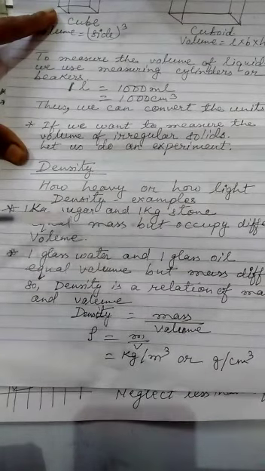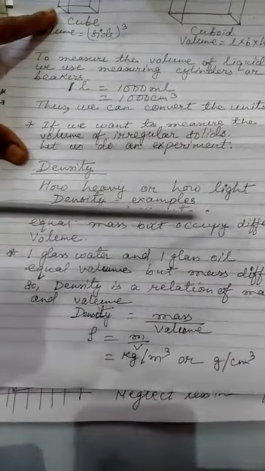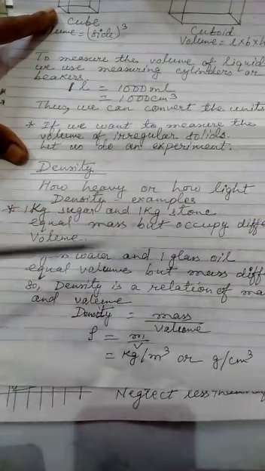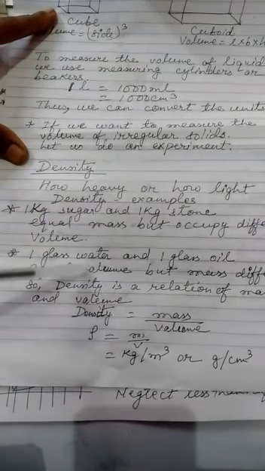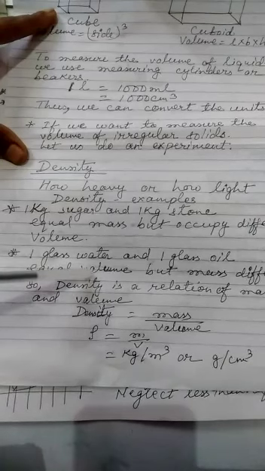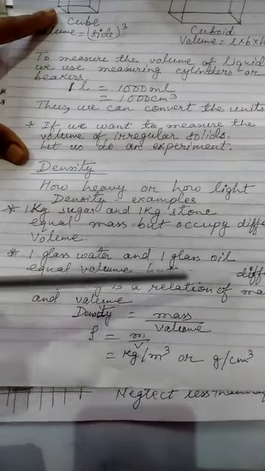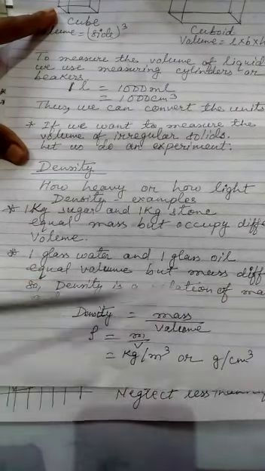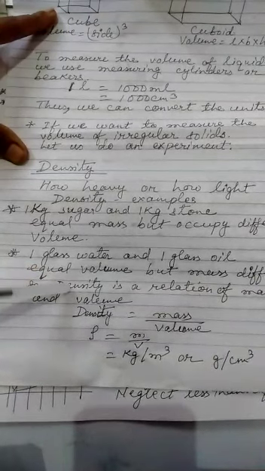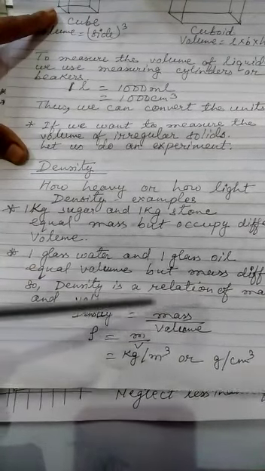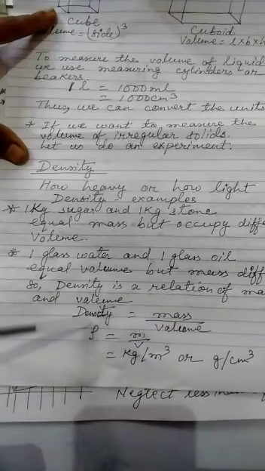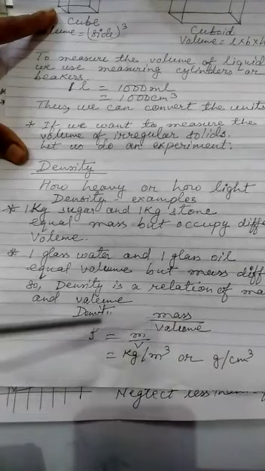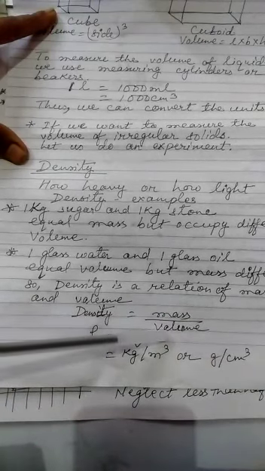That means if the masses of two different objects are the same, they occupy different volume, and if the volumes of two different objects are the same, they can have different masses. That means density is given by the relation of mass and volume. So, density is defined as mass per unit volume.